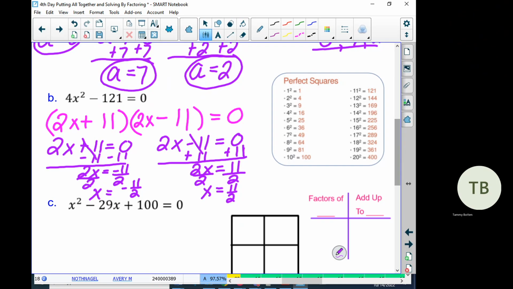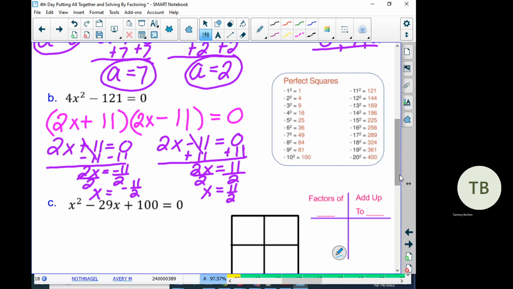Now, if you like shortcuts, I'll show you a shorter way to do this so you don't have to show this work, okay? To get this number, when you have a number in front of the x, you take the opposite of this, which would be a negative 11, and you divide it by what's in front of the x. So you take a negative 11 and divide it by 2.